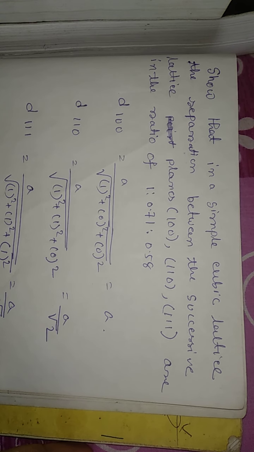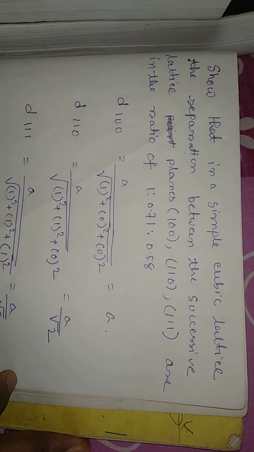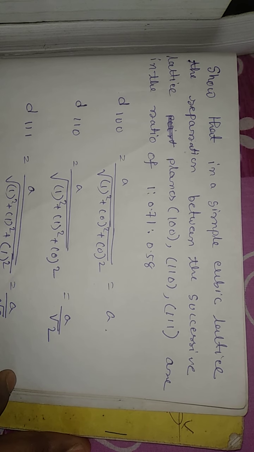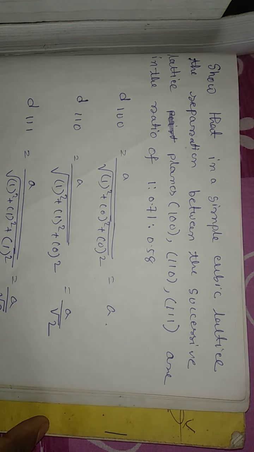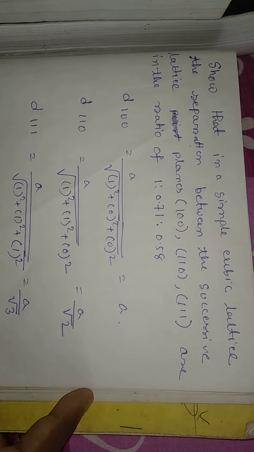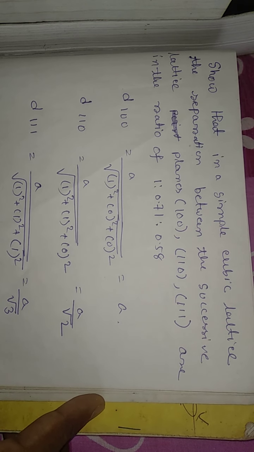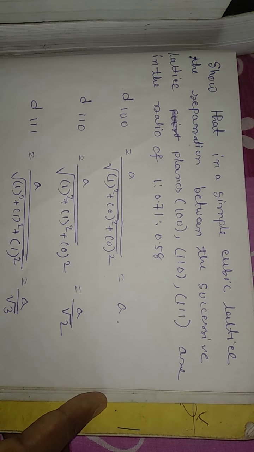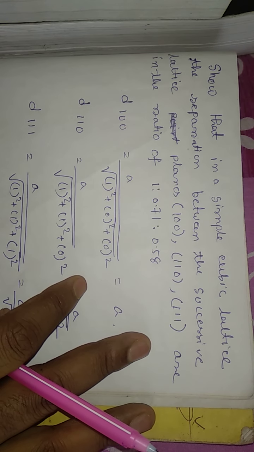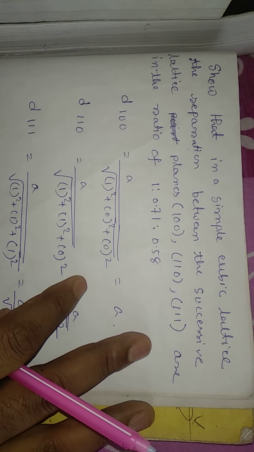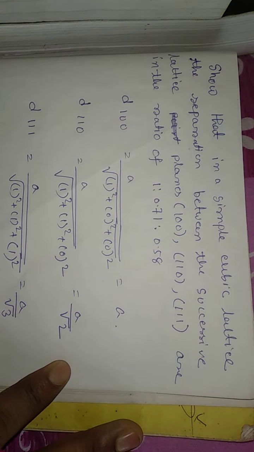In a simple cubic lattice, you have to prove the separation between successive lattice planes. The planes are given by the Miller indices 100, 110, and 111, and you need the ratio of the interplanar, or perpendicular, distance between these planes.